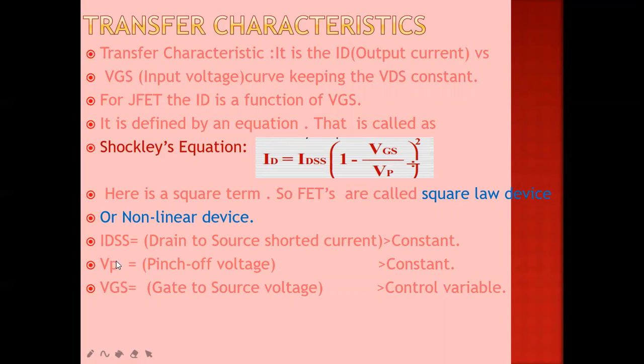VP is the pinch off voltage, that is also constant. The VGS is the gate to source voltage, that is the control variable. So in this Shockley's equation, IDSS and VP are constant, so only if we change the value of VGS can we change the value of ID.